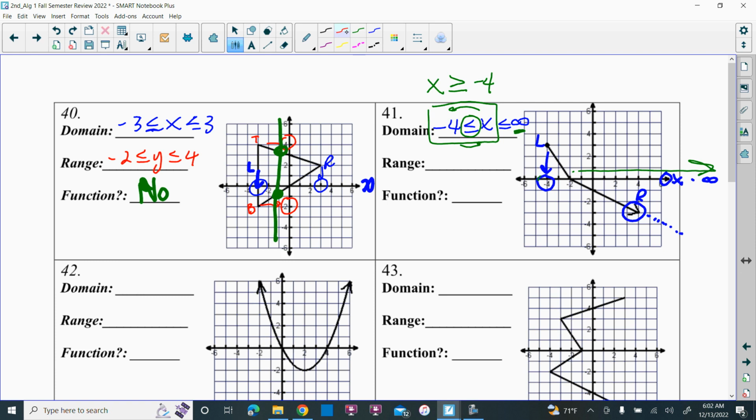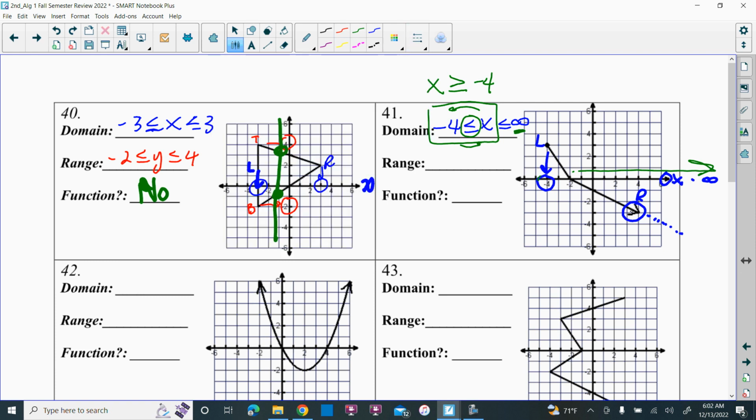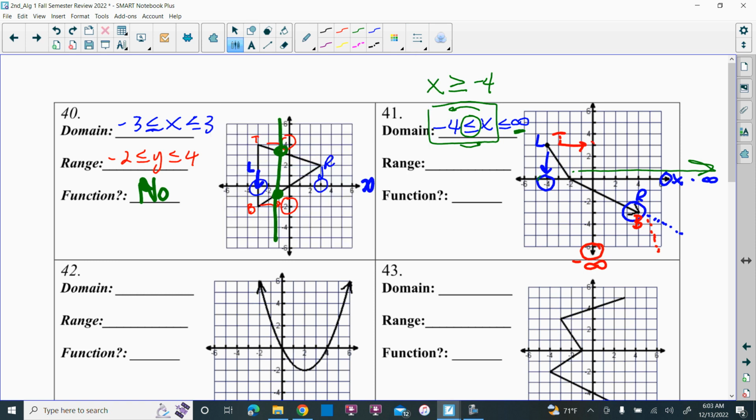Okay. Now for the range, we're doing bottom to top. Well, the bottom here keeps going down. So if it's pointing down, this would be negative infinity. This is the top of the graph, but I have to look where that is on the y-axis. That is at 3.